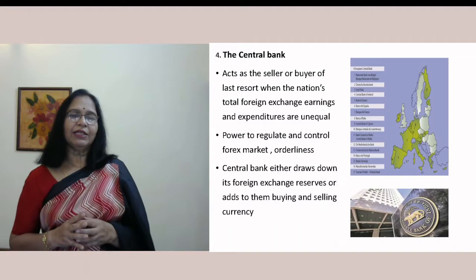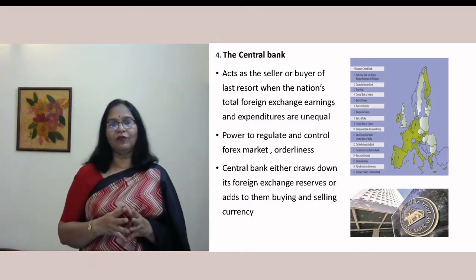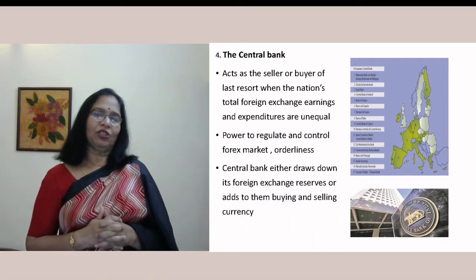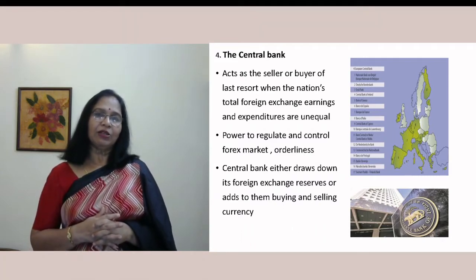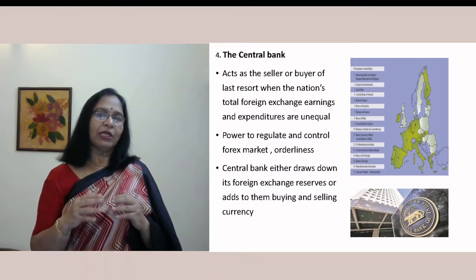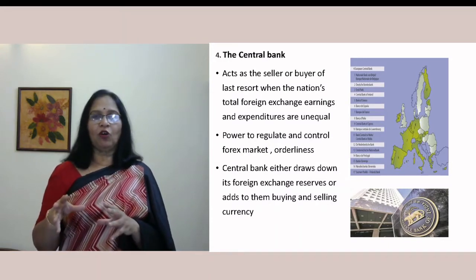Then we have the central bank. The central bank is the lender of the last resort and the custodian of foreign exchange. We are aware of that function of the central bank. So the central bank monitors the imports and exports, or the balance of payments, of the country.